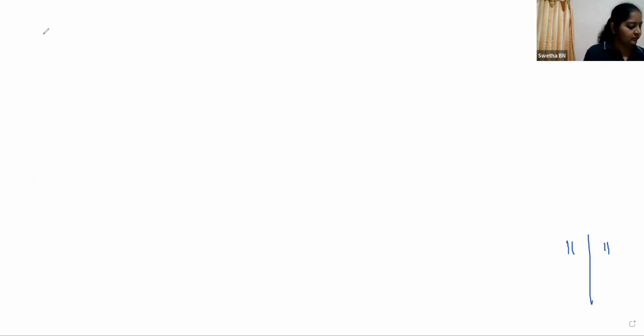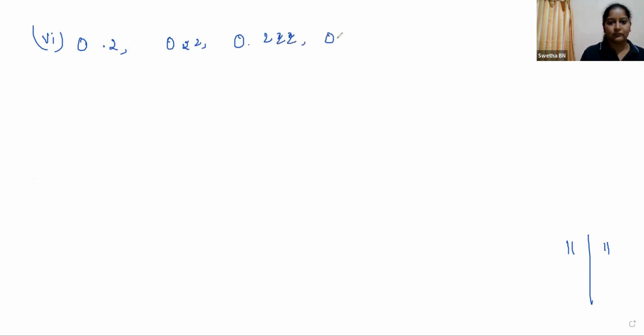Next question is, if you see the numbers, you can say directly, right? It's 0.2, 0.22, 0.222, 0.222. What is the common difference between the numbers?